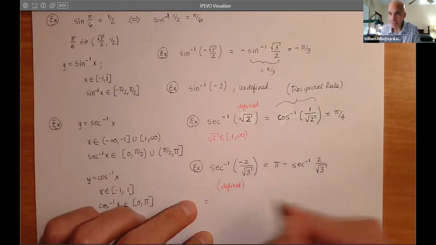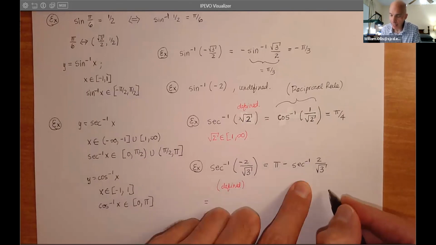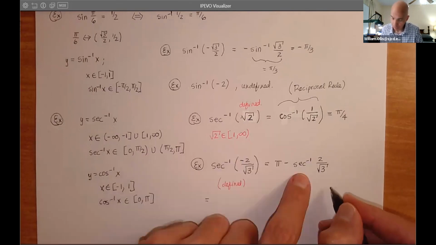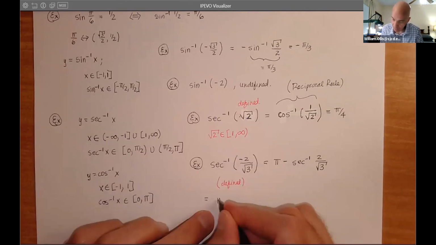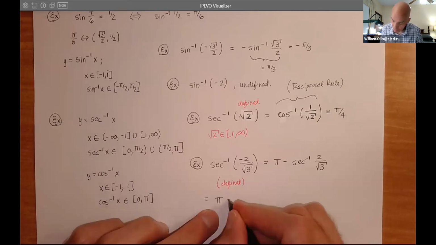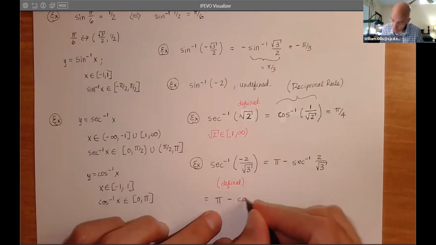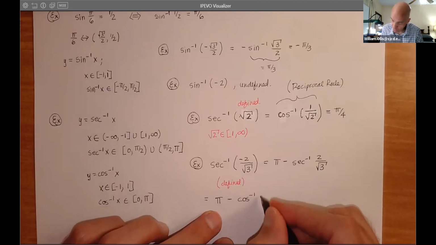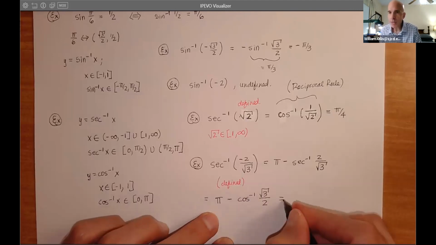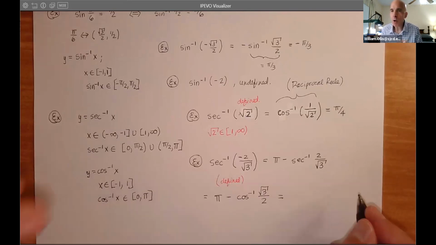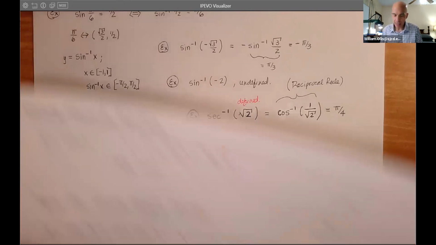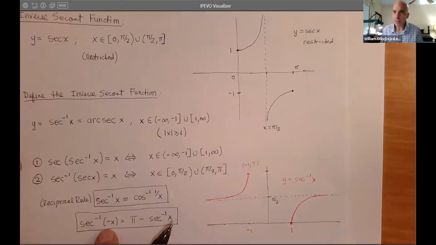And now we have the nice reciprocal rule again for the secant. So this will be pi minus inverse cosine of the reciprocal, root 3 over 2. So if you go ahead and deal with the negative, you don't have to worry about it causing you issues. That's why I went ahead and provided the negative argument here.